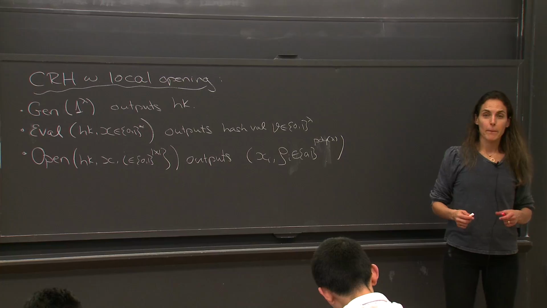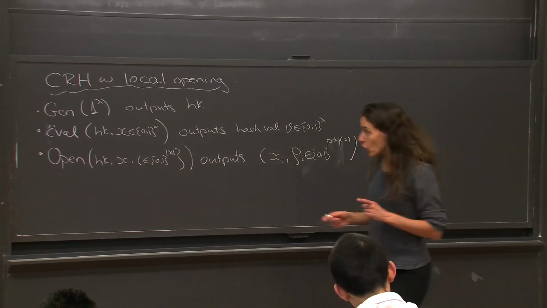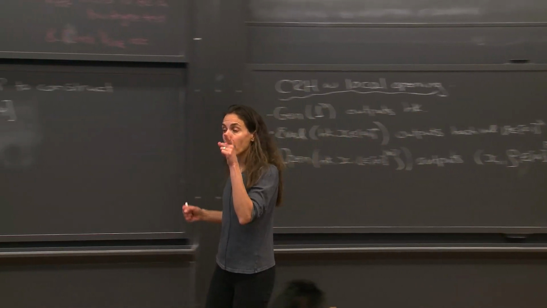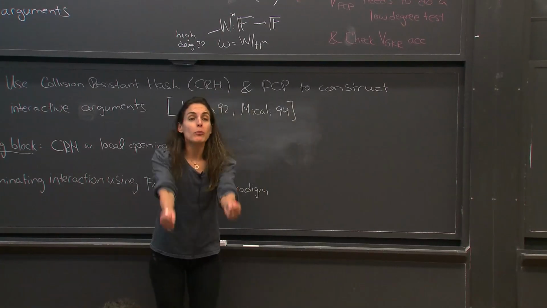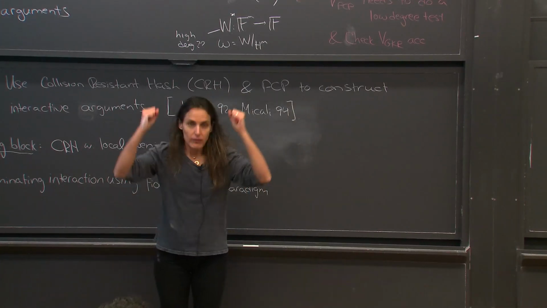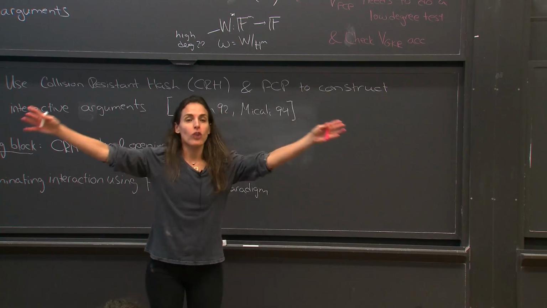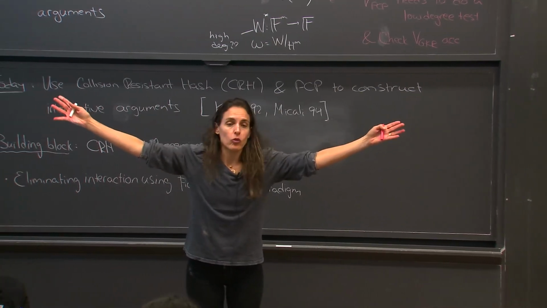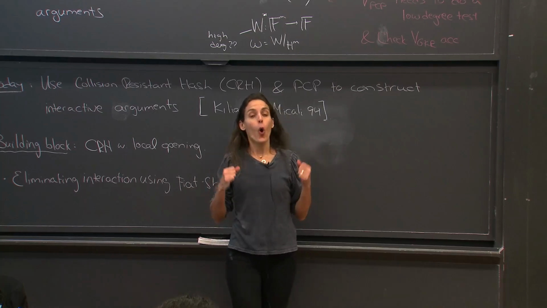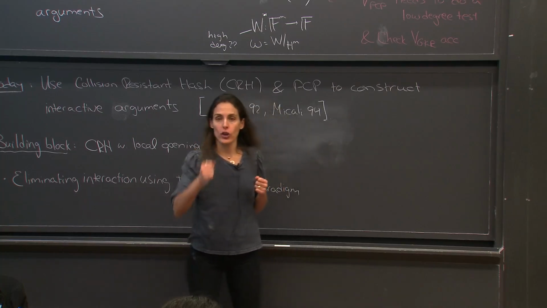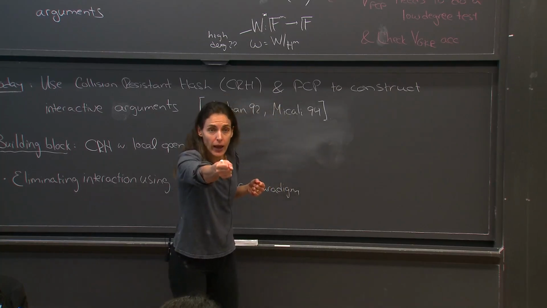In this definition, who's running the open? The person who generated the hash. So let's say you're the prover. You want to prove to me that phi is satisfiable. You generate a PCP. I don't want your PCP, it's too big. You give me a hash, a value v. Thank you very much. Now I want you to open the PCP at some location i. So I tell you, here's i.